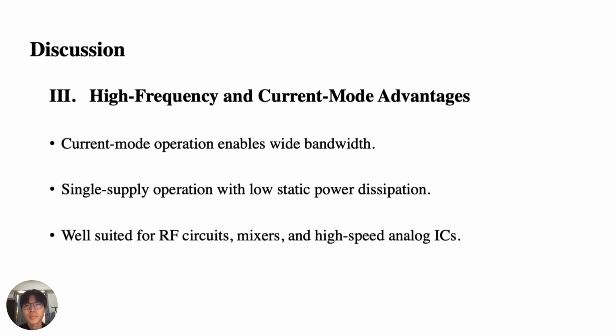Another interesting aspect is the potential for harmonic control. Because the input impedance changes with signal level, it is possible under certain bias and component conditions to suppress specific harmonic components, creating what are known as harmonic nulls.